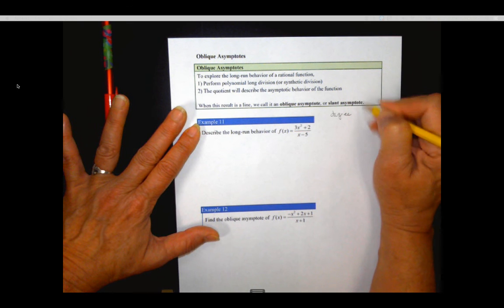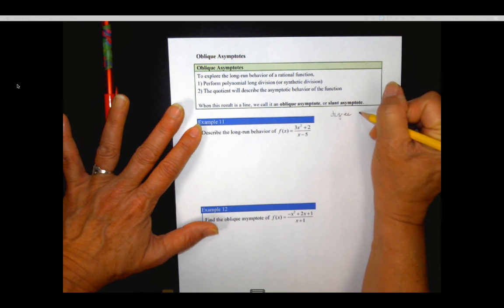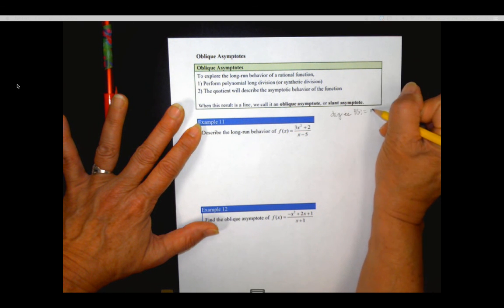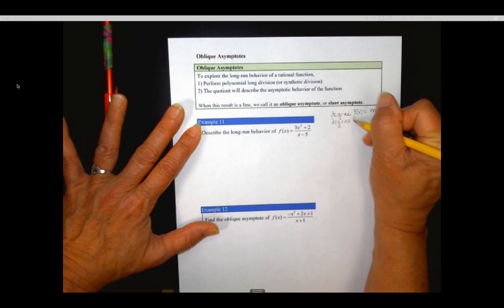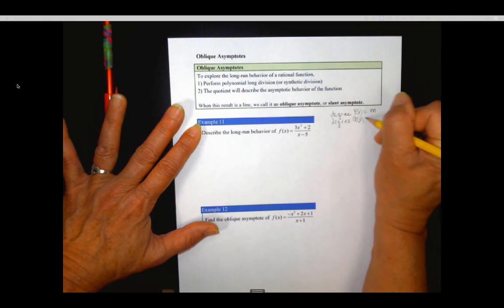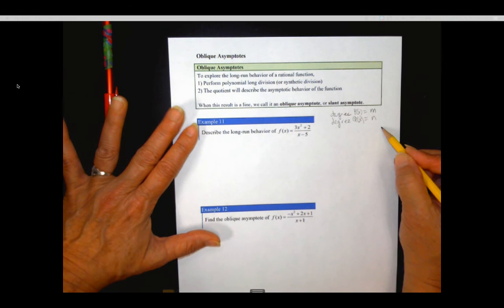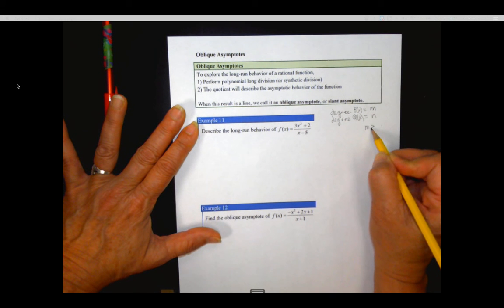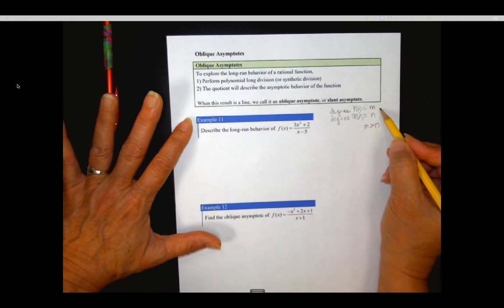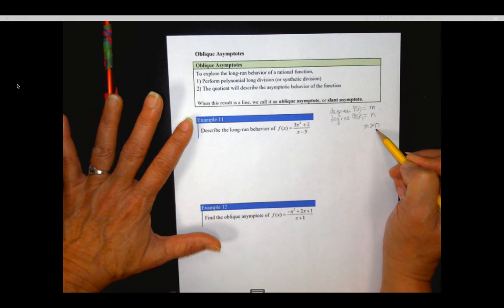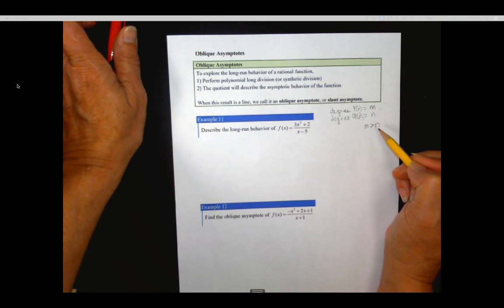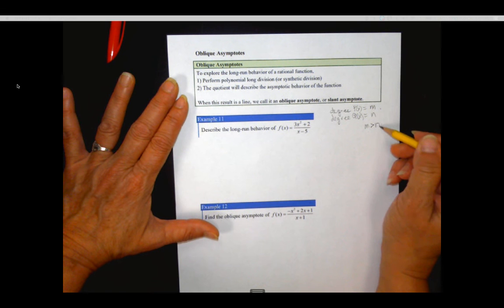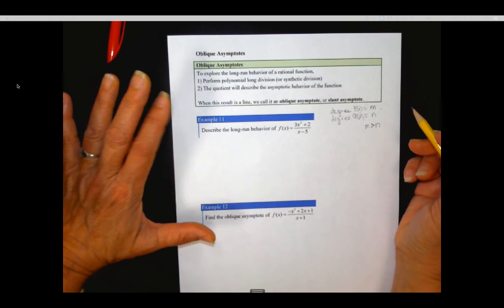If I call the degree of p of x m, and, this was last week, the degree of q of x n, then if m is greater than n, meaning the power in the numerator is greater, we did not have a horizontal asymptote.